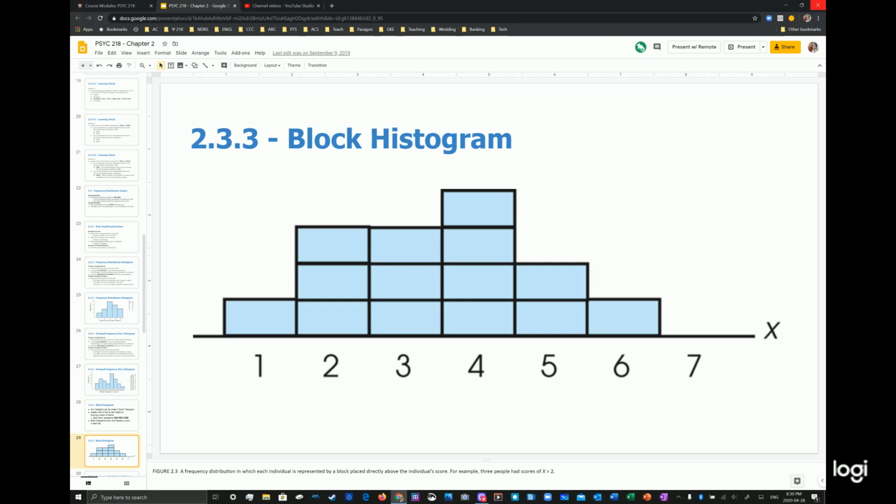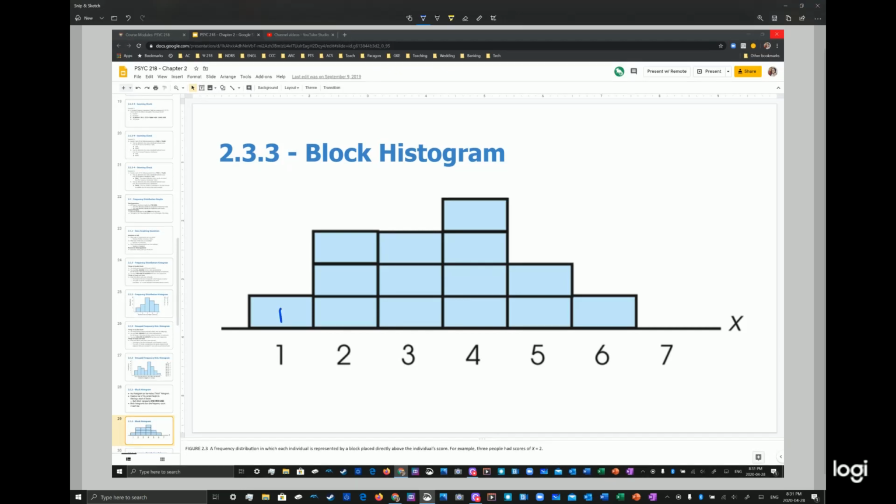And this is what it would look like. So for example, the X value of 1 has 1 person with that score. The X value of 2 has 3 people with that score, and so on. The highest frequency would be the X value of 4, where there are 4 people with that score.